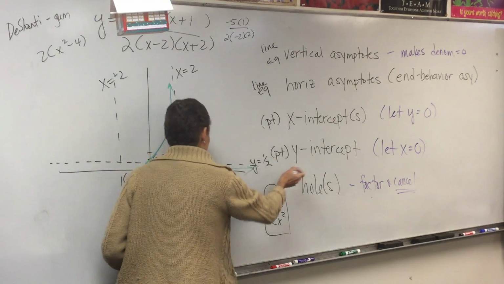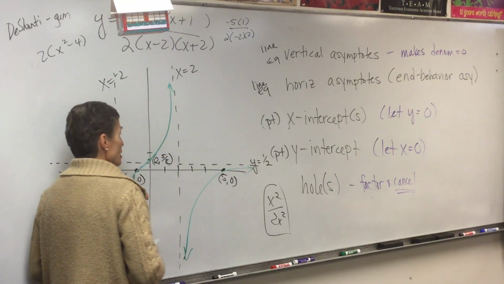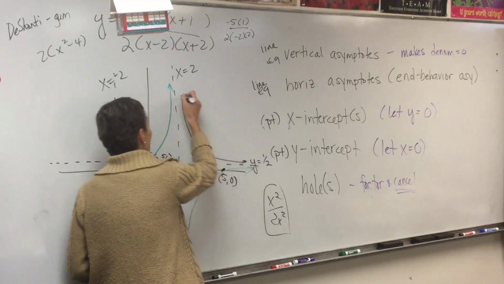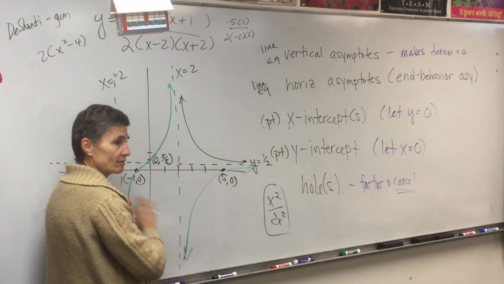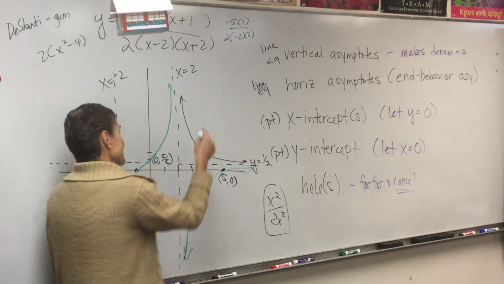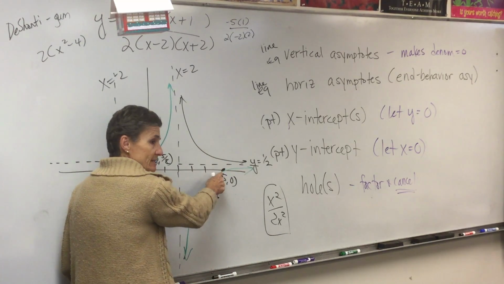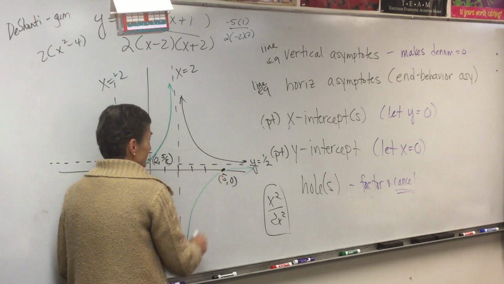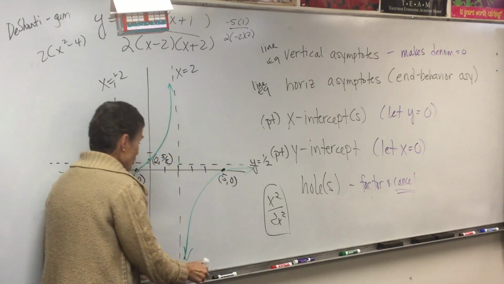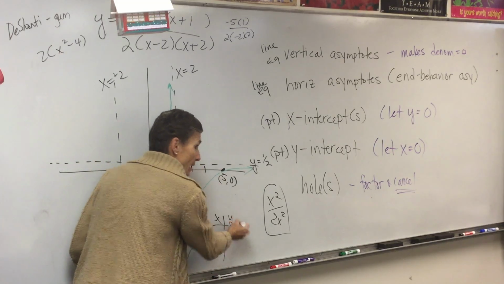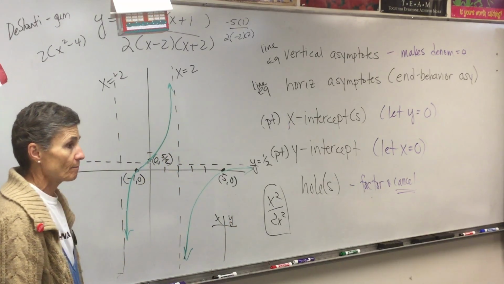It's going to approach its asymptotes as it heads off the page. The only 2 possible things are this curve and that curve. Those are the only possibilities. It's not that one because that one doesn't contain that point. If you don't get it, then you're going to set up a T-chart and plot points.